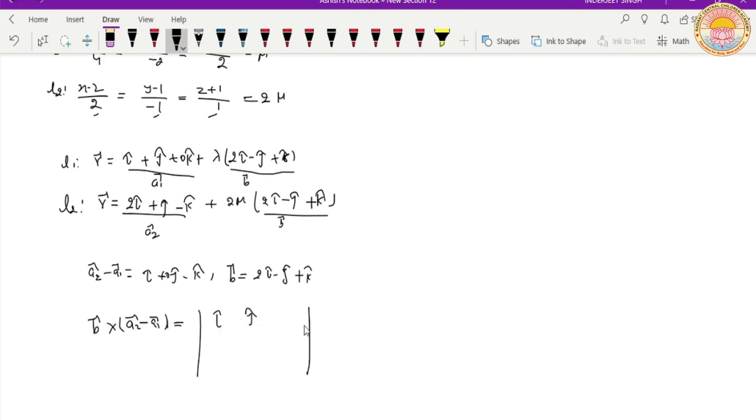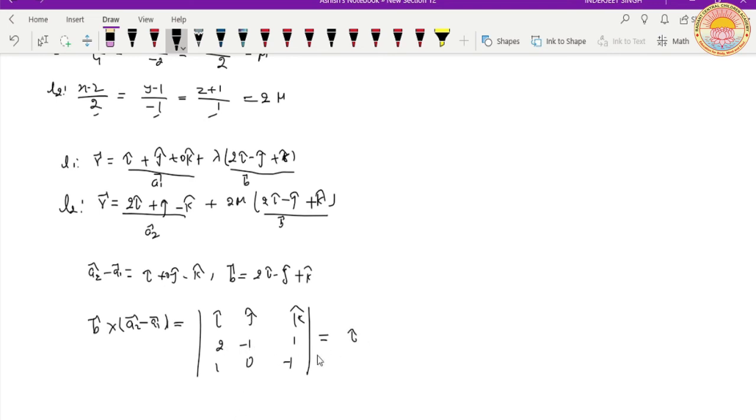j cap, k cap. In the first row, scalar components of vector B: 2, minus 1, 1. In the second row, scalar components of vector a2 minus vector a1: 1, 0, minus 1. Simplifying this, we will get minus 1 into minus 1, 1, i cap.